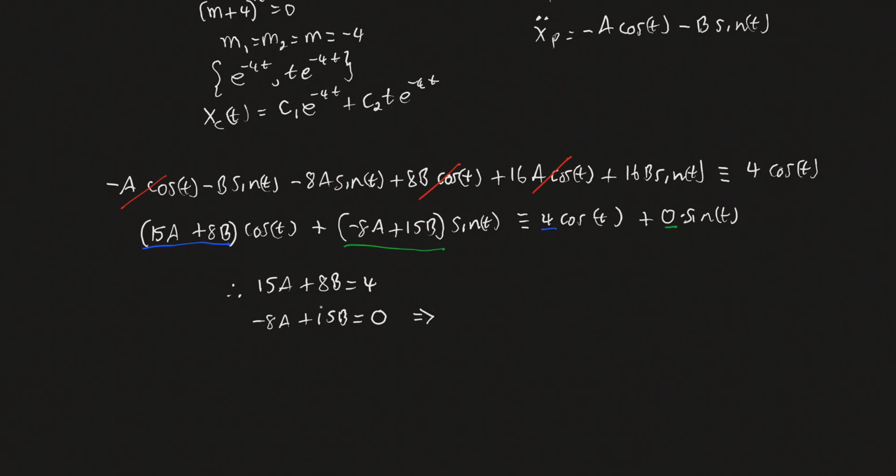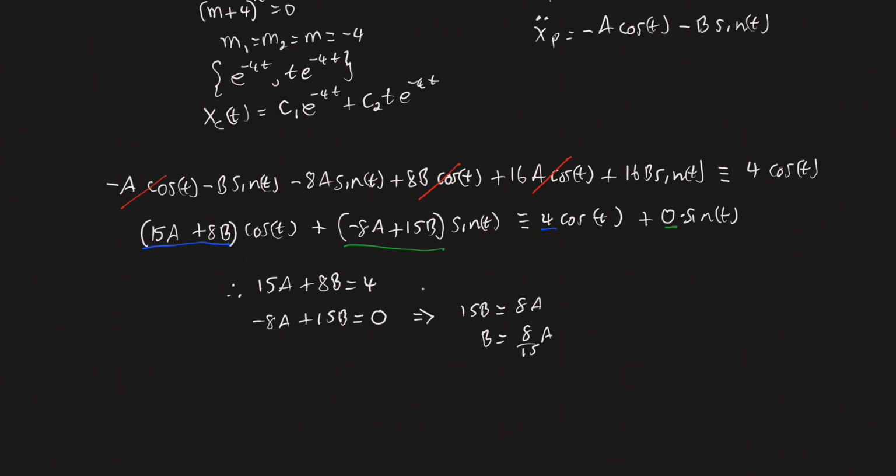So I'm going to solve this equation for b. So I'm going to add the 8a to both sides and then divide by 15. So it's 15b is equal to 8a. That means b is 8/15 a.